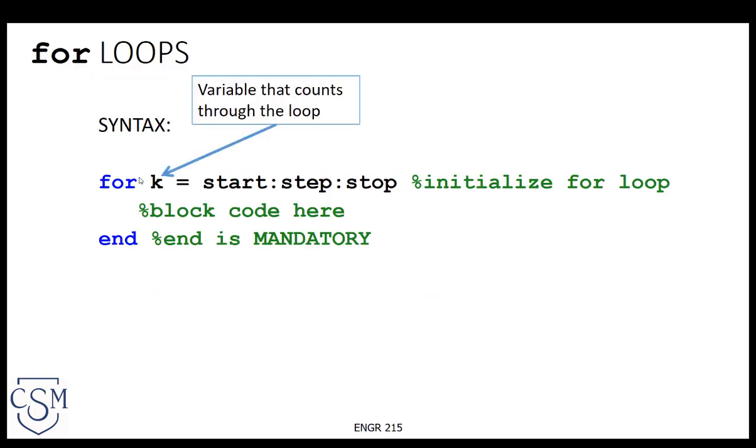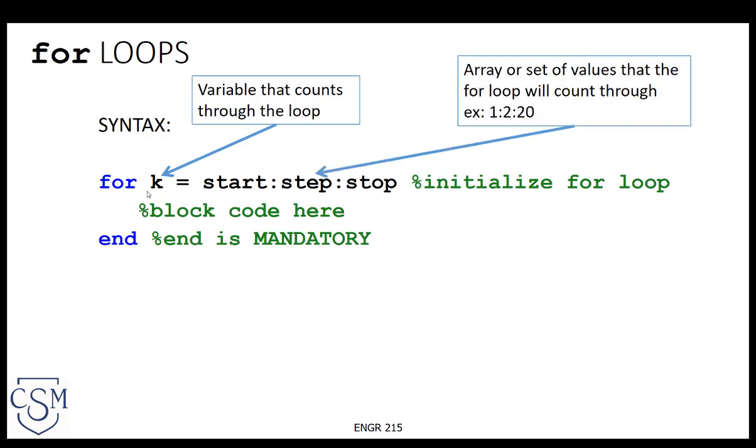The syntax for the for loop is it always begins with for, and it's lowercase for. You'll know you've done it right because it will be blue. That must be followed by a space. The thing that immediately follows the for is the first variable that will count through the loop. This is called the index. That should be equal to an array, and that array will give MATLAB the index steps that it wants to loop through.